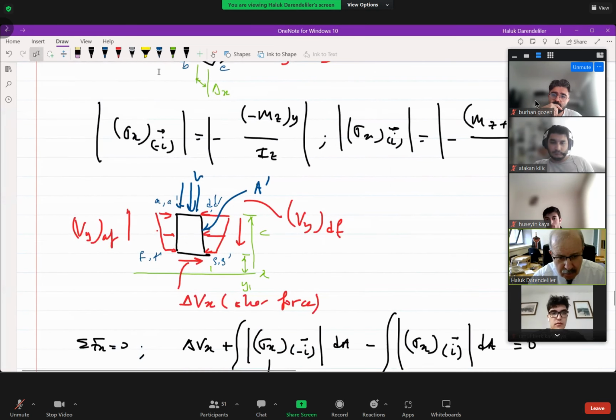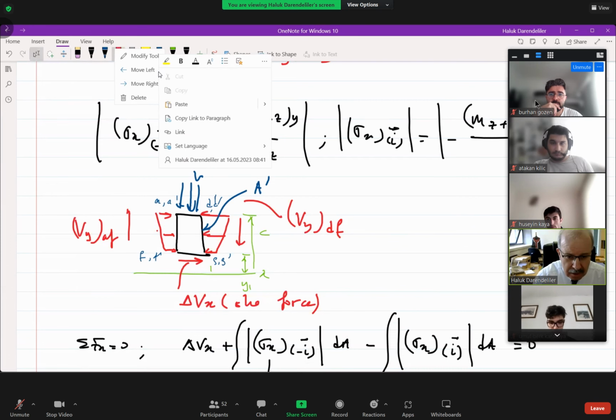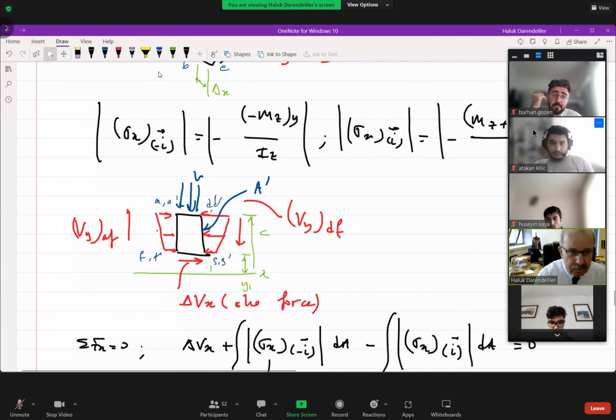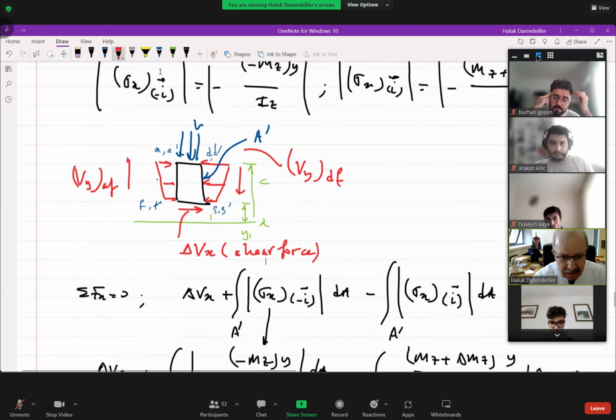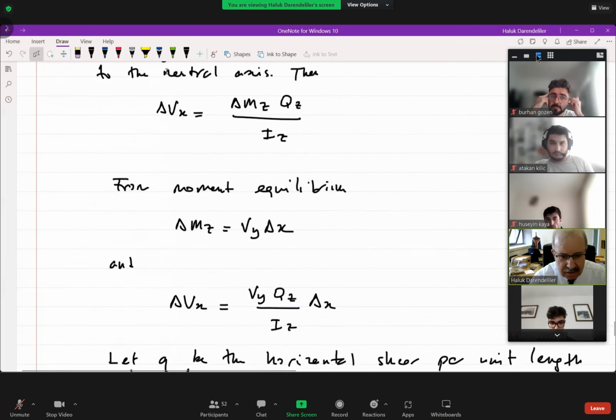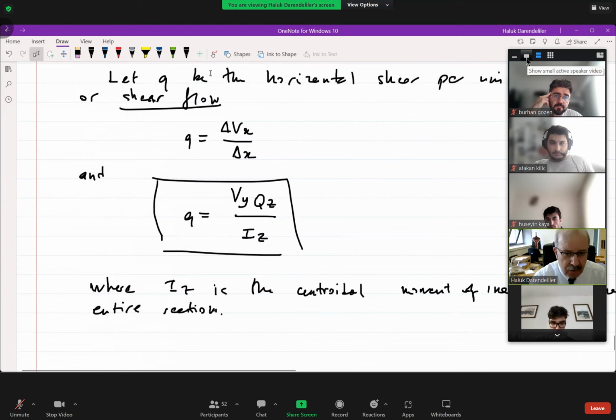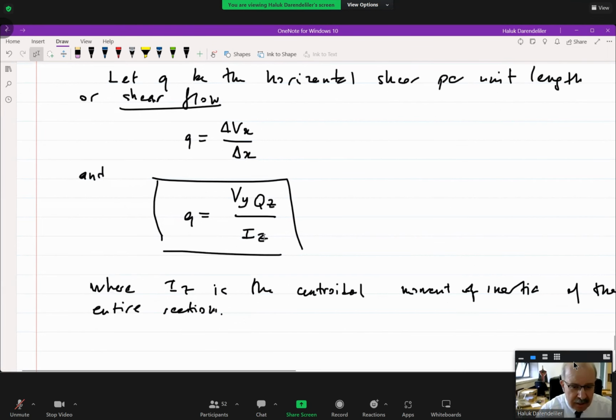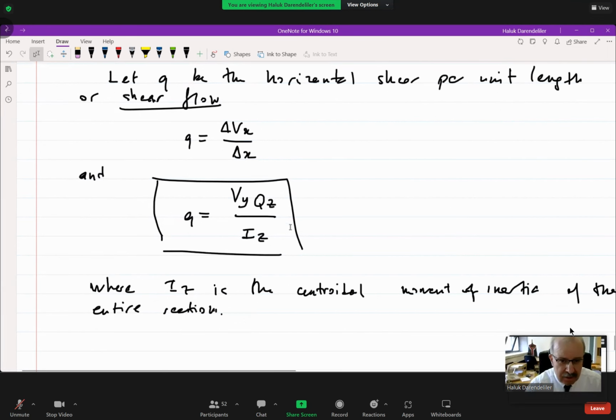And for equilibrium, we said that we have to apply a shear force, as you see here, Vx. And this Vx at the end gives us the shear flow, VQ over Iz. I think everything is clear up to this point.